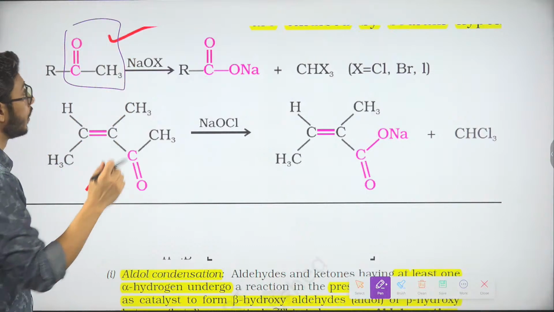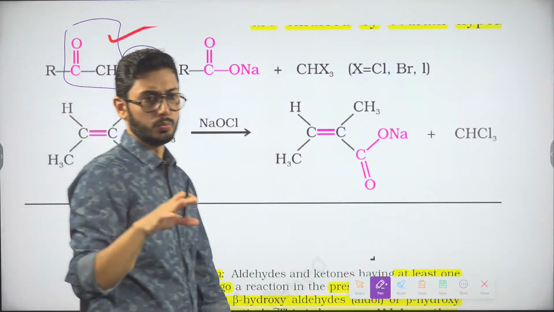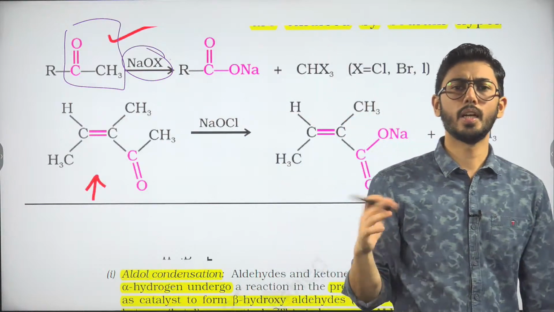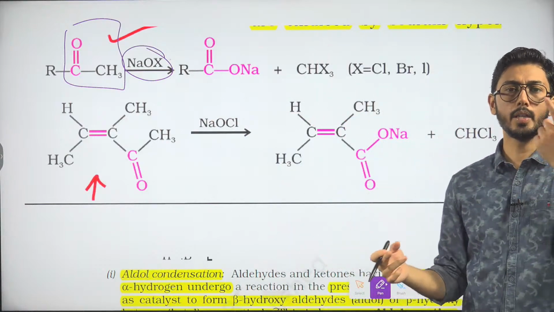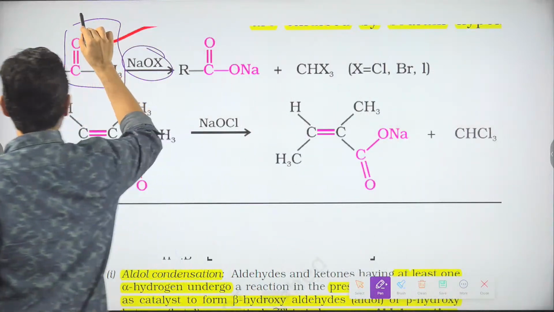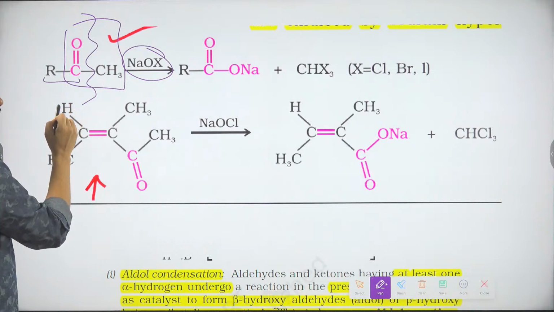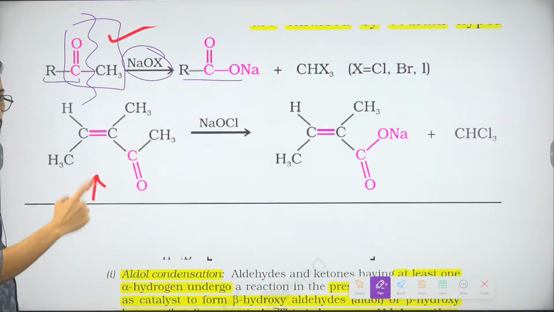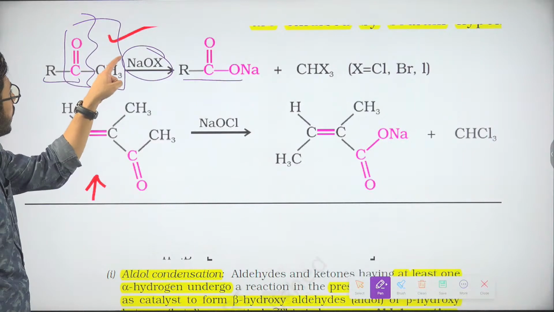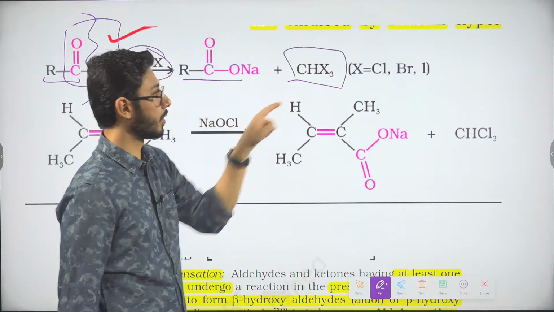The methyl keto group in the presence of NaOH with X2, maybe Cl2 with NaOH, Br2 or I2 with NaOH, combines to give sodium hypohalite. How to write the product or identify a methyl ketone? This bond cleaves. This is converted to a carboxylic acid salt, so one carbon less. And the single carbon with CH3 is finally converted to CHX3.